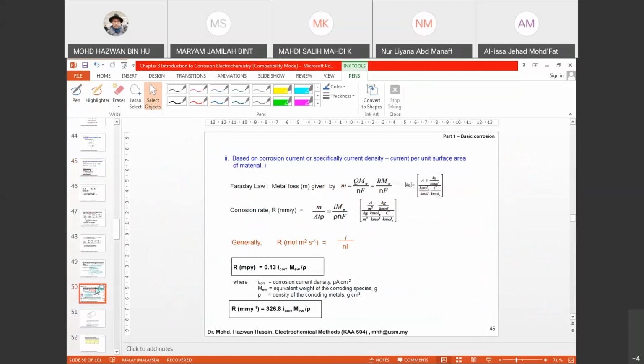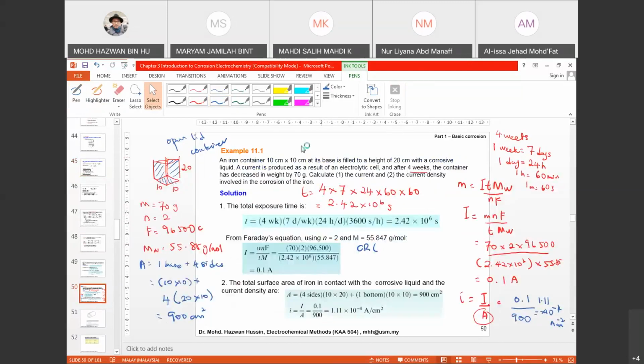Okay, so we're back to here. Okay, or you can also use this formula.